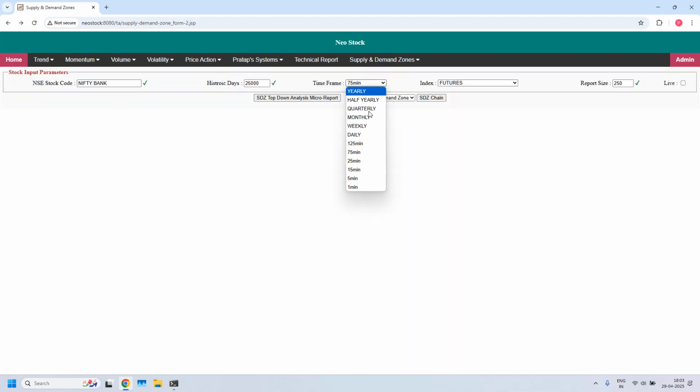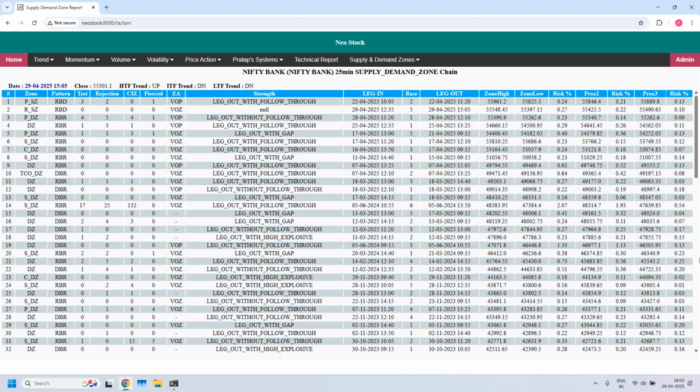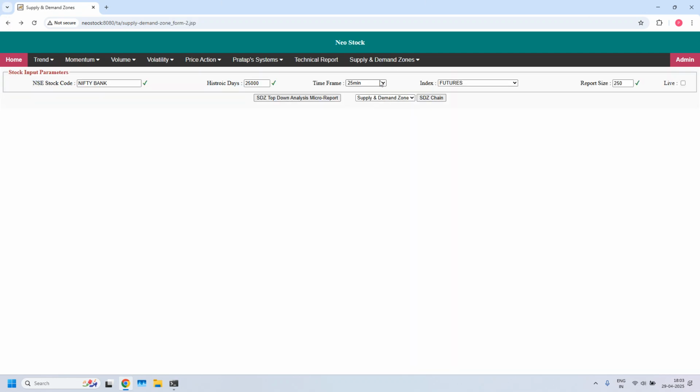Next, generating 25 minutes supply demand zone chain for BANKNIFTY. Next, generating 15 minutes supply demand zone chain for BANKNIFTY.